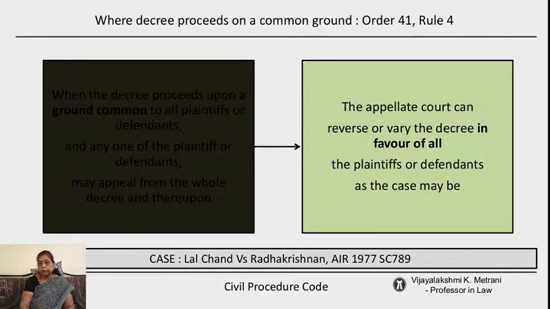Sometimes the person may not come to the court, but still he can be given the relief by reversing or varying the decree in favor of all the plaintiffs or all the defendants, because the only requirement is that the decree should be on a common ground. It is not saying that it is in favor of the plaintiffs or the defendants, but the appellate court can reverse or vary the decree if it wants. That is rule 4. It gives the power to the court to do it.